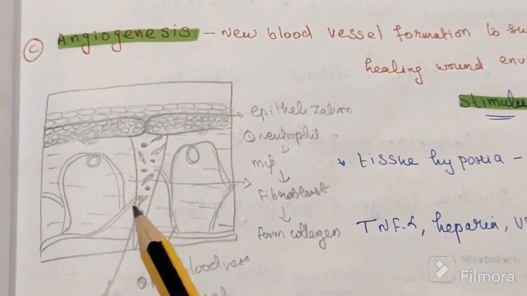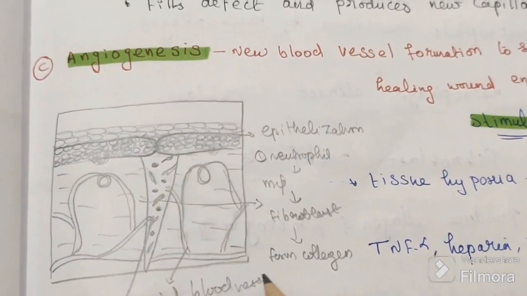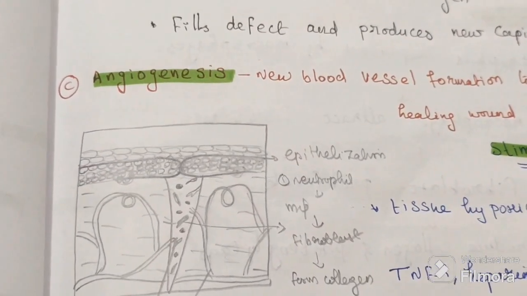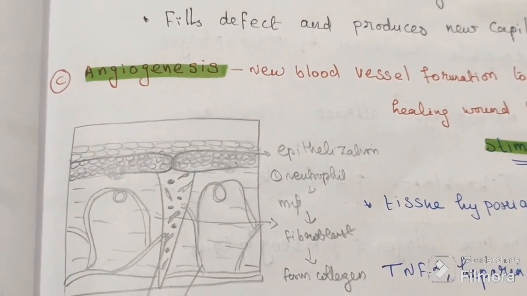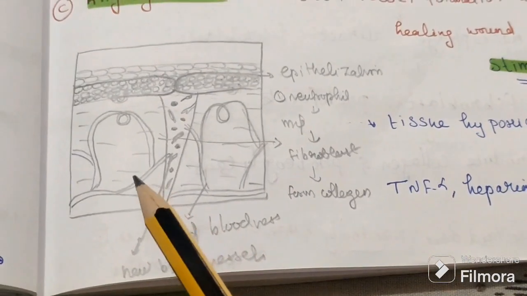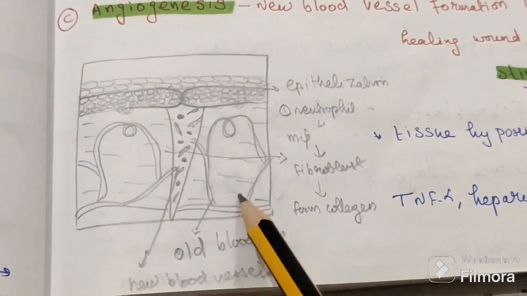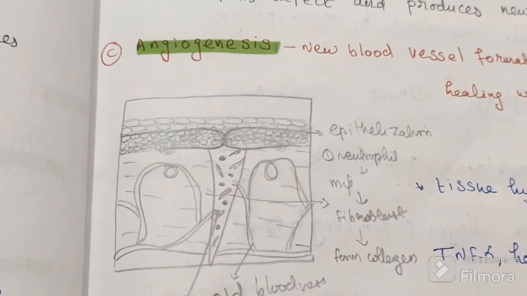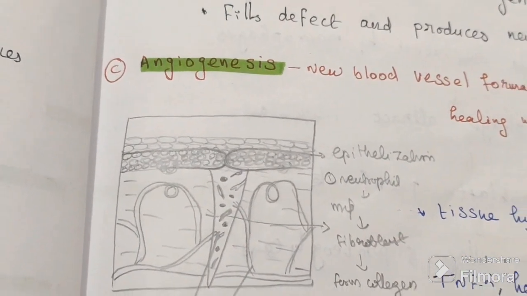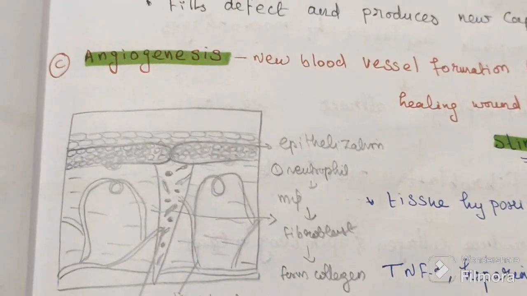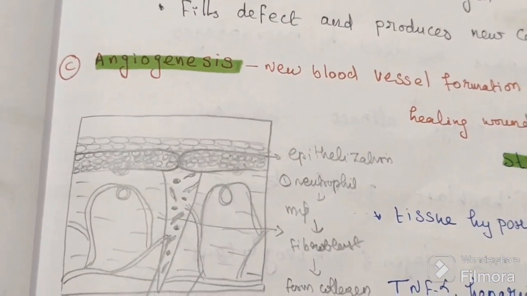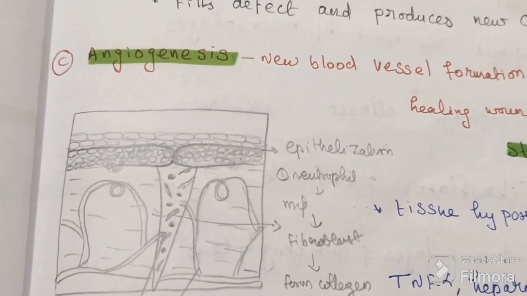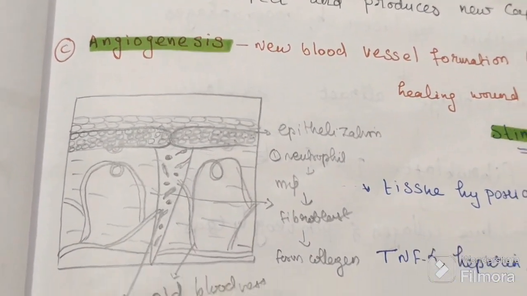And the last, third thing is angiogenesis. This is the old blood vessel, and here new blood vessels form. At the end, all of this together is called granulation.